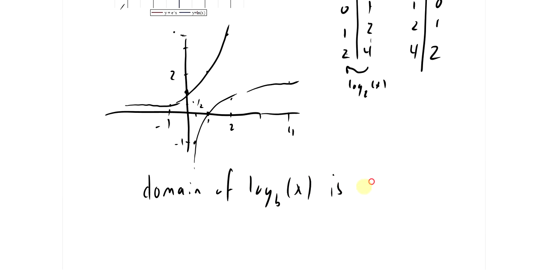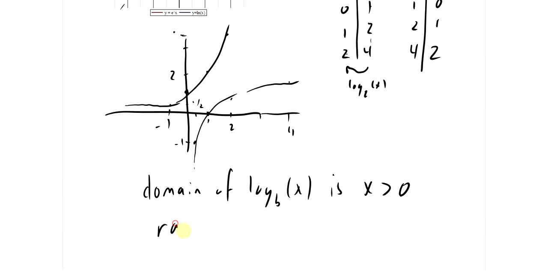The domain of log base b of x is x strictly greater than 0, because if we're going to raise b to a power to get x, the only numbers you can get if you raise b to a power are positive numbers.